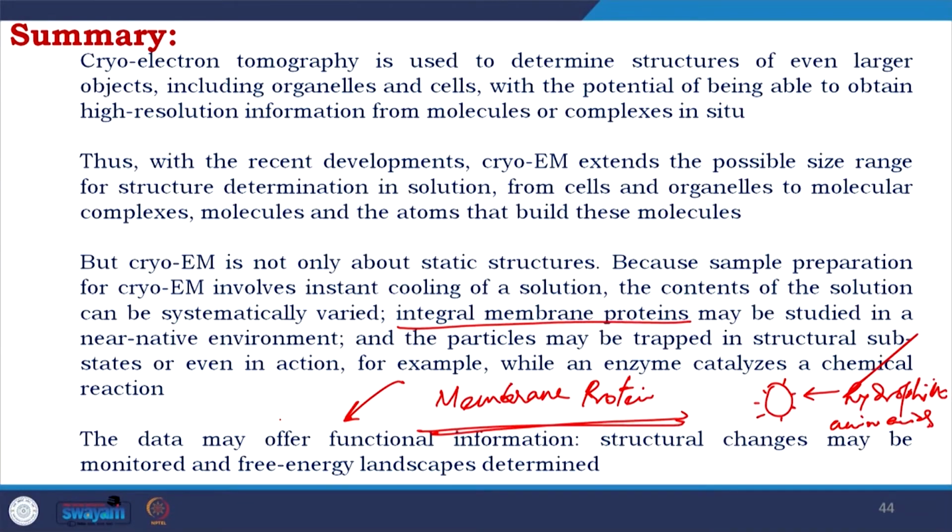Membrane protein and related developments are possible with the advent of cryo-electron microscopy, like high resolution cryo-electron microscopy. The data may offer functional information, structural changes may be monitored, and free energy landscape could also be determined.